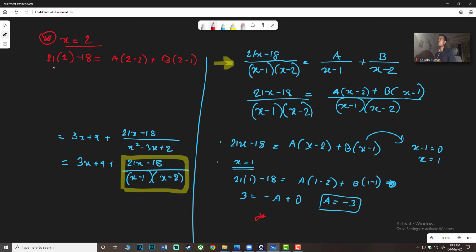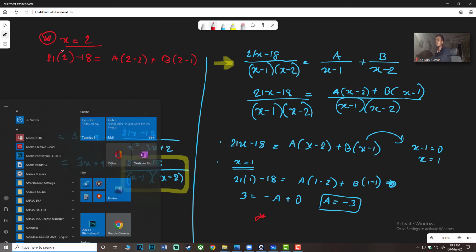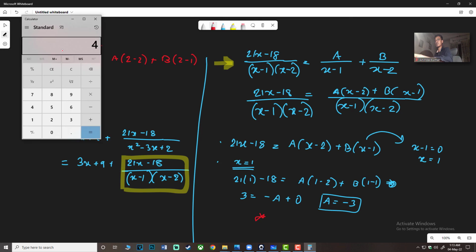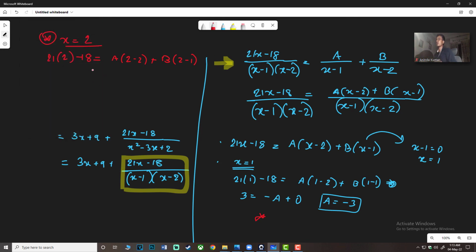So 21 into 2 is 42, minus 18, gives 24. We have 24 here, and a becomes 0 and b becomes only b. So b equals 24.